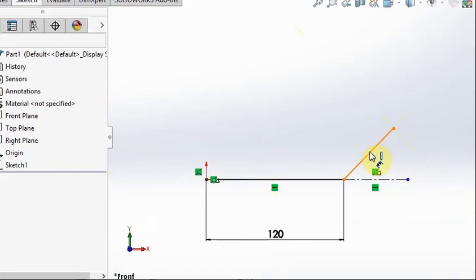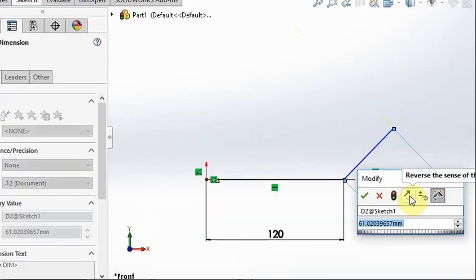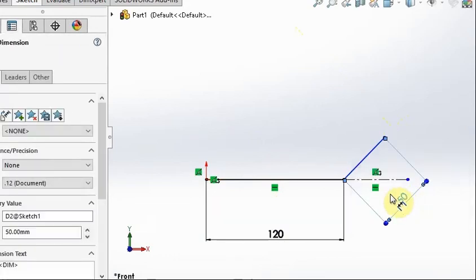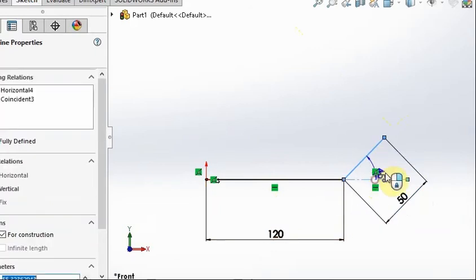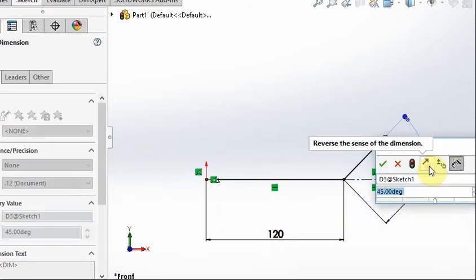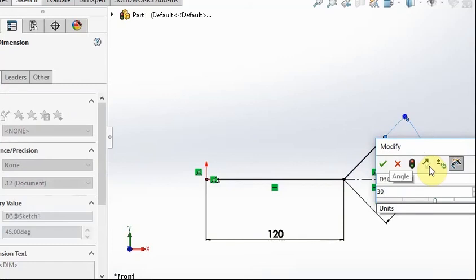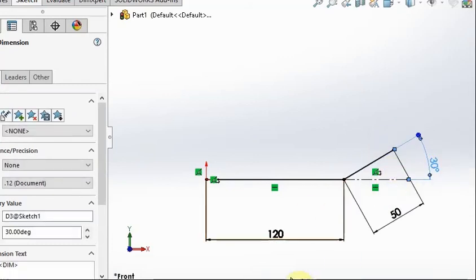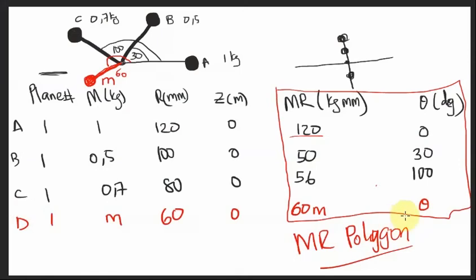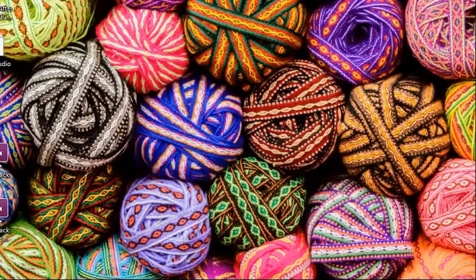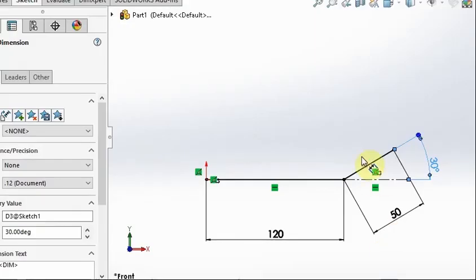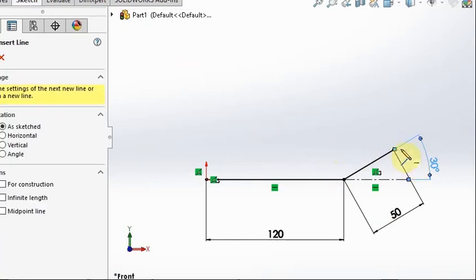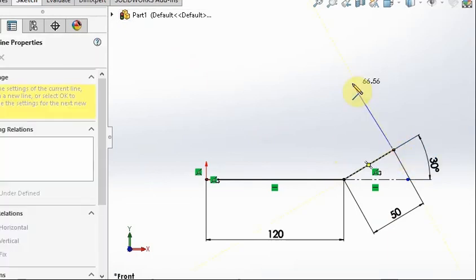At the end there I want to put a 50. We said the angle is 30 degrees, so we're going to change this angle to 30 degrees. After that, we have 56, which is at an angle of 100 degrees from the horizontal. So we can draw the third one.